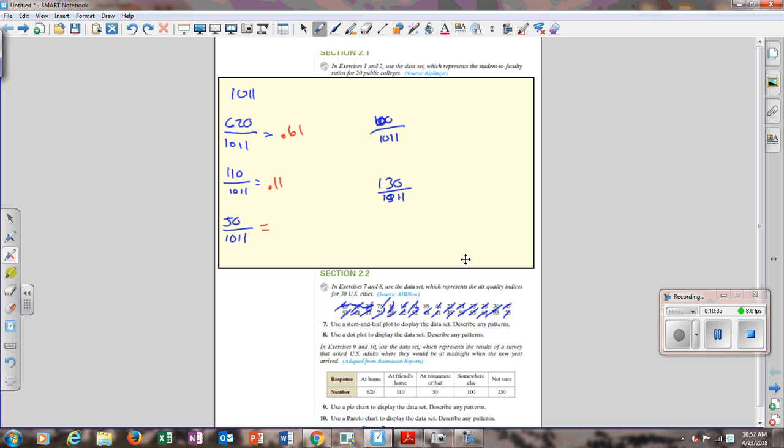This one's about 0.05. This is about 0.1. And this last one's about 0.13.